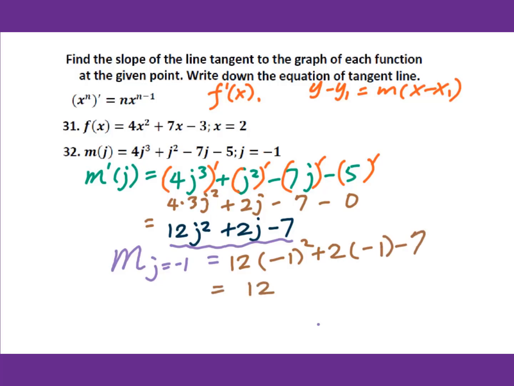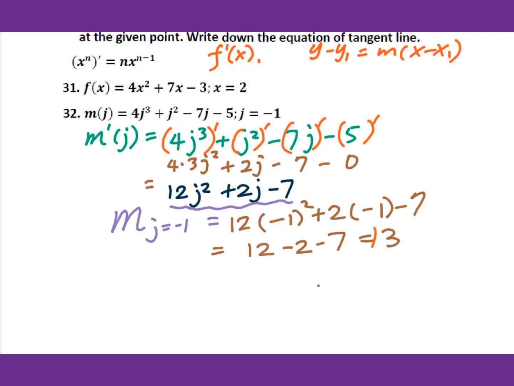We get 12 minus 2 minus 7, that equals 3. This is the answer for the slope of the tangent line at j equals -1. Now we need to figure out the equation of the tangent line. We plug j equals -1 into this function to get the coordinates.